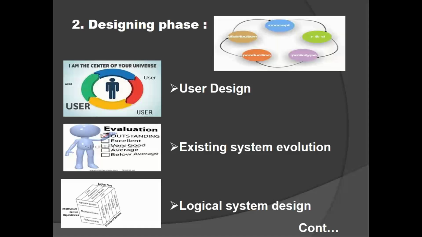These process flow diagrams can be done by the designers, the testers, or sometimes BAs. It depends upon the project manager. If the BA has good end-to-end knowledge of the project, then he will ask the BA to prepare these process flow diagrams. So these are the things that will happen in the designing phase.